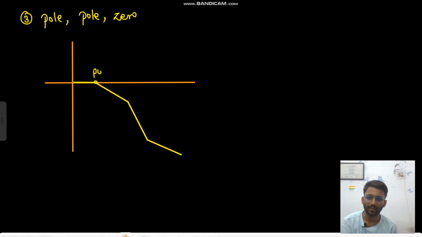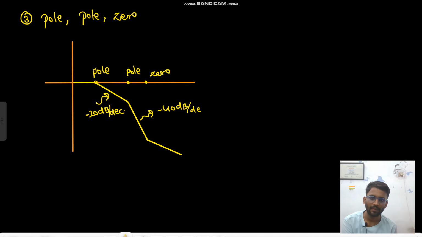This is pole, pole, then zero. Minus 20 dB per decade, minus 40 dB per decade, then plus 20 dB, sorry, minus 20 dB per decade because of zero. So this is also possible, right?